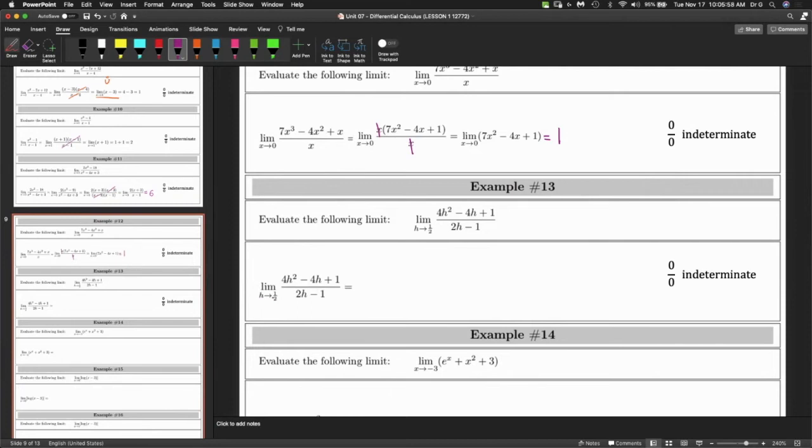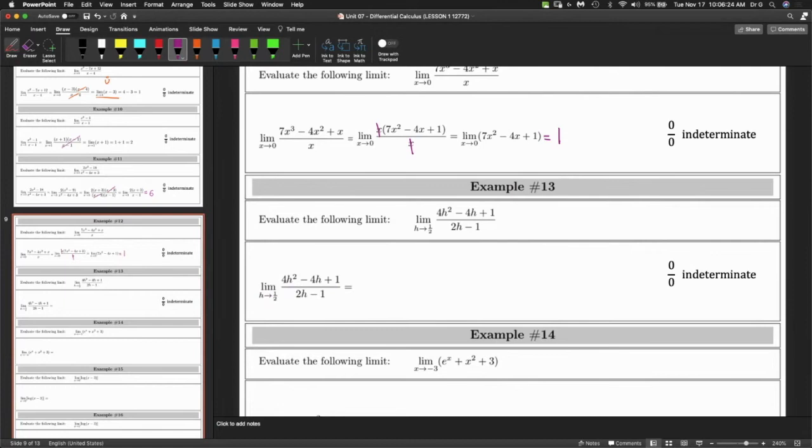All that matters is that you are determining the trend as that variable approaches a half. So if you want, you could turn all of these h's into x's. But whatever you do, you're going to get 0 over 0. And since you get 0 over 0, you need to explore some factoring.